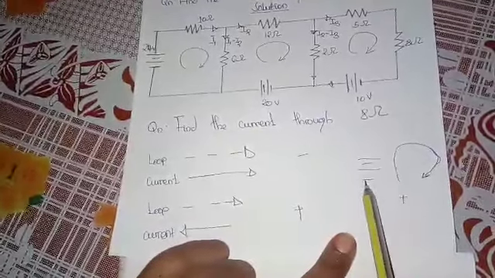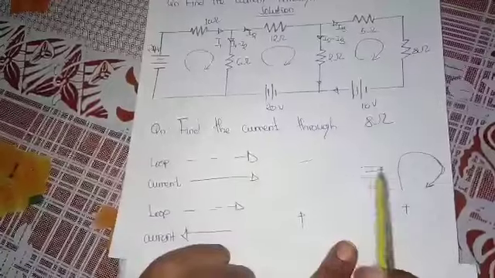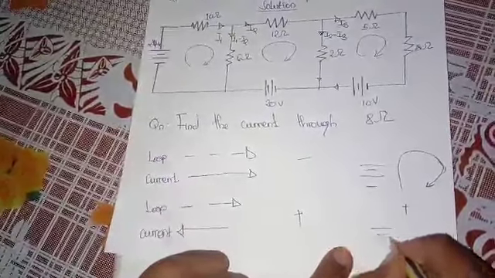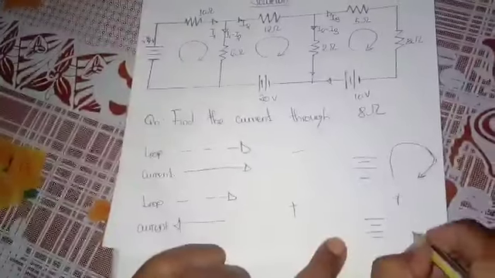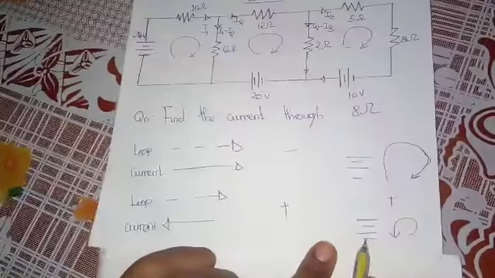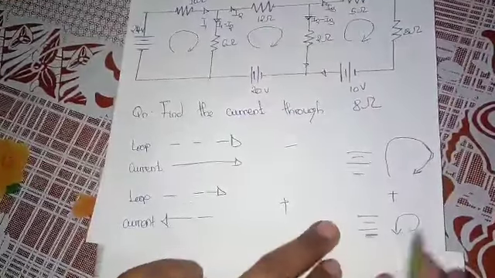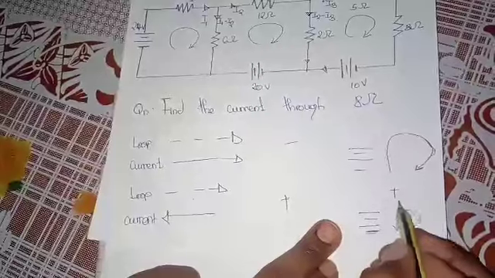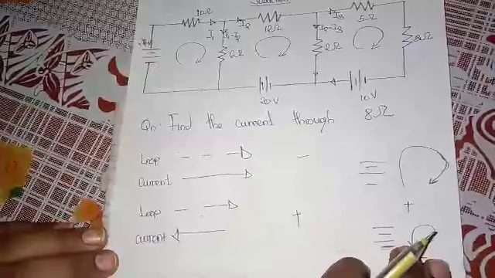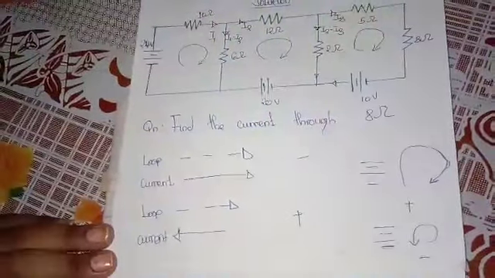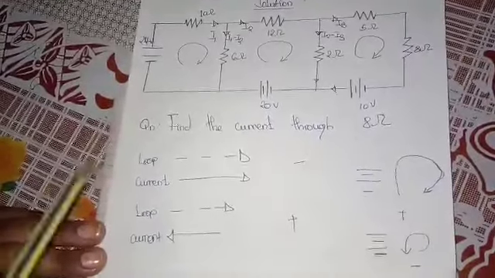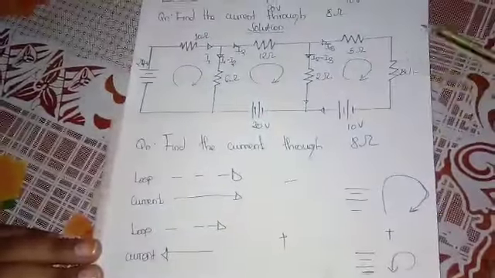The easy way to remember the sign is the loop is going from negative to positive, so the sign is positive. And for example, this is our source, and the loop is going this way. It means the sign will be negative. The easy way to remember, the loop is going from positive to negative, so the sign will be negative.